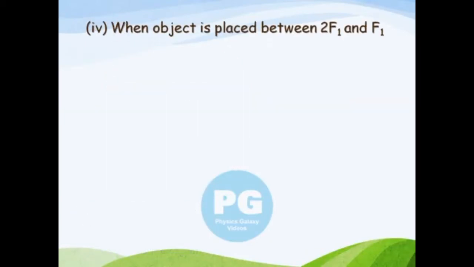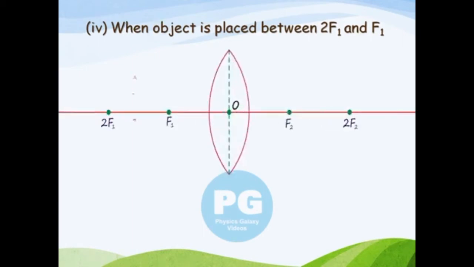When object is placed between 2F1 and F1. So here we have an extended object AB, placed between 2F1 and F1. We take the first ray from point A as parallel to principal axis, and after refraction it will pass through the principal focus on the other side of the lens, that is F2.